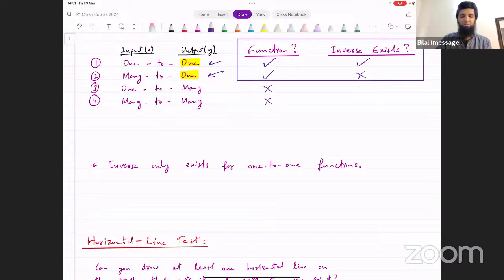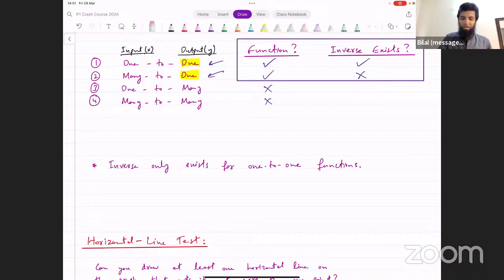So in order to be defined as a mathematical function, a relation can only have one single output. The output should be singular, okay? So output has to be one. You could have one input or multiple inputs. That is possible, but the output has to be one. So only one-to-one and many-to-one relationships can be classified as functions. All right, that's what we talked about.